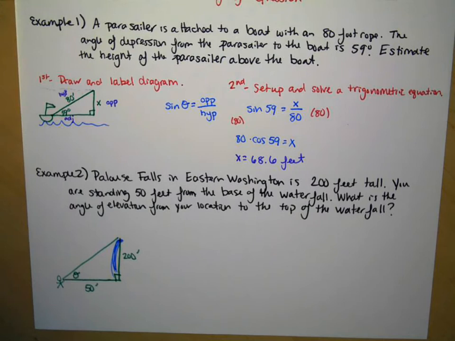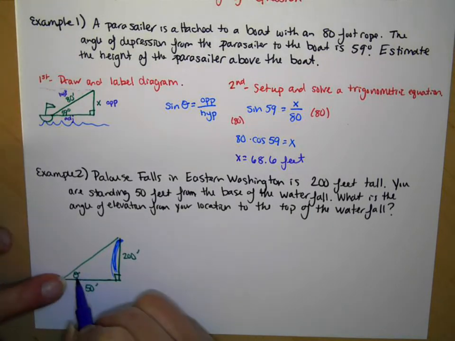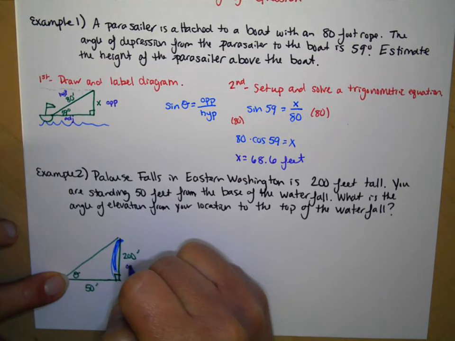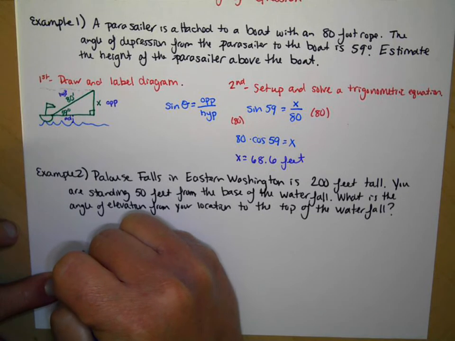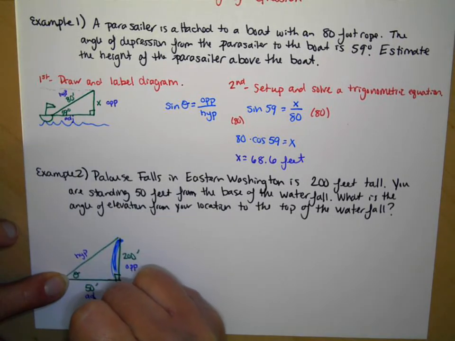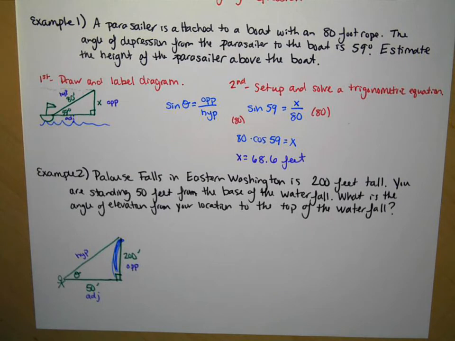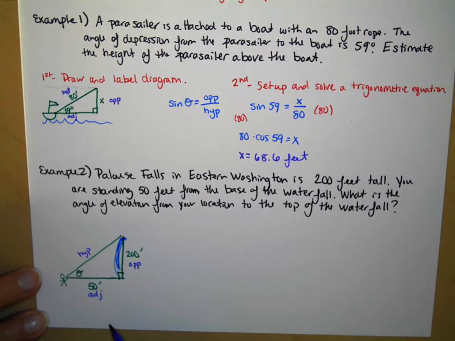If it helps you, you can label it with opposite, adjacent, and hypotenuse. So across from our angle, this is going to be the opposite side. The hypotenuse is across from the right angle, and the other side is our adjacent side. So the 2 sides that we're working with here are the opposite side and the adjacent side.